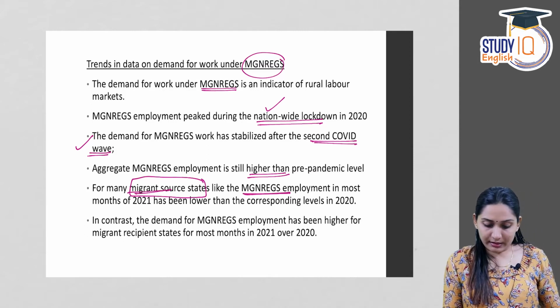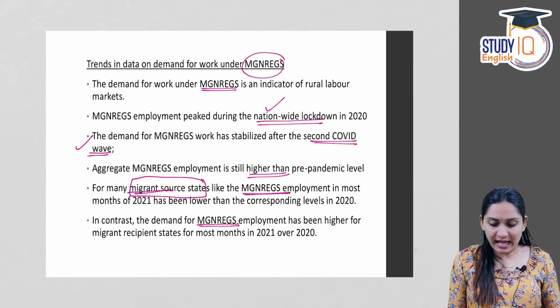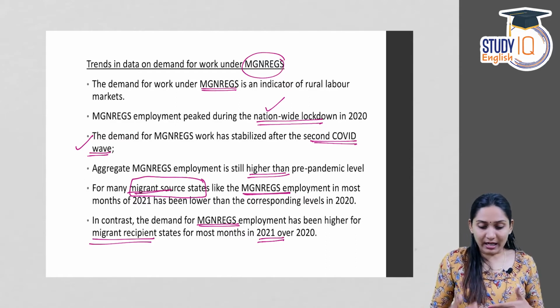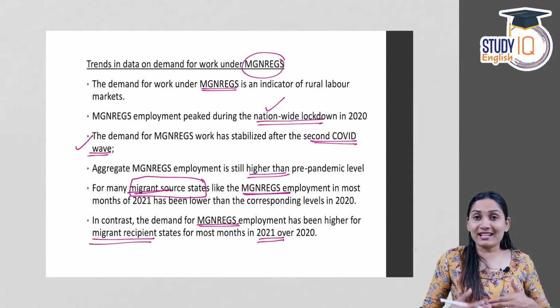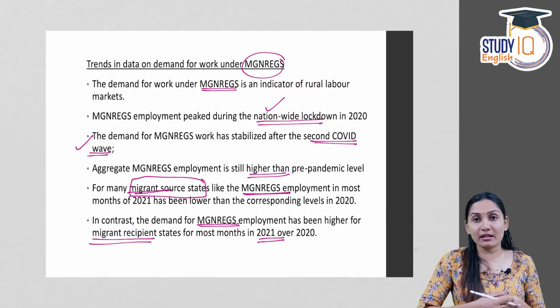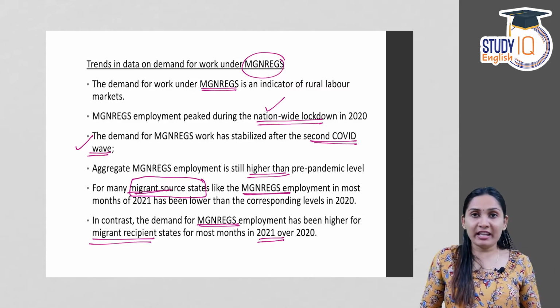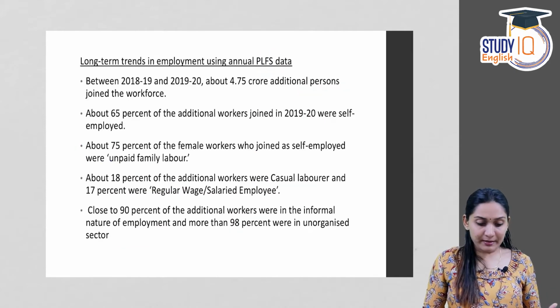In contrast, the demand for MGNREGA employment has been higher for migrant recipient states for most months in 2021 over 2020. So this is regarding the migrant recipient states, that is, the states which receive the highest number of migrants. So for them, the MGNREGA employment was very high in demand.